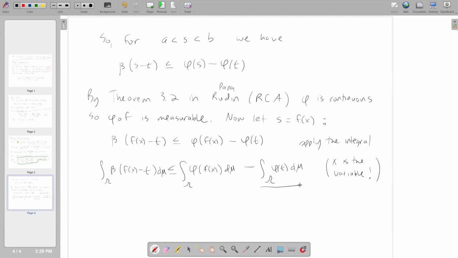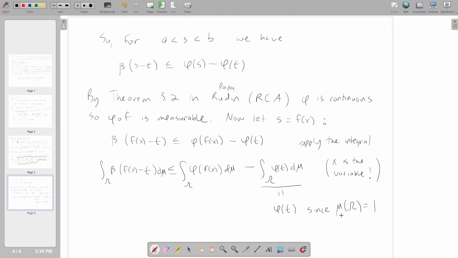Remember that we have linearity. So this is just phi of t, since the measure of omega is equal to 1. Normally it would be this times the measure, but the measure is 1.